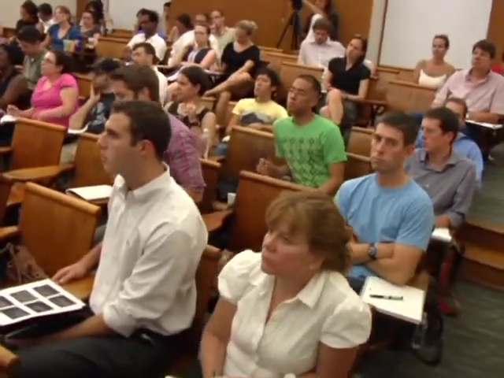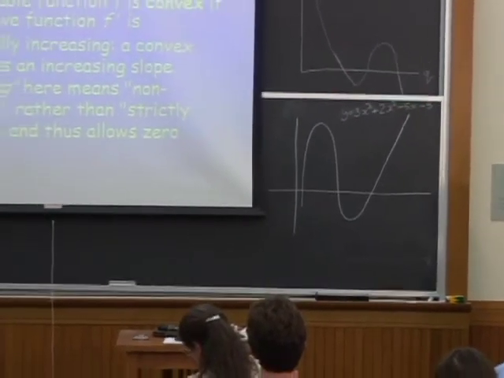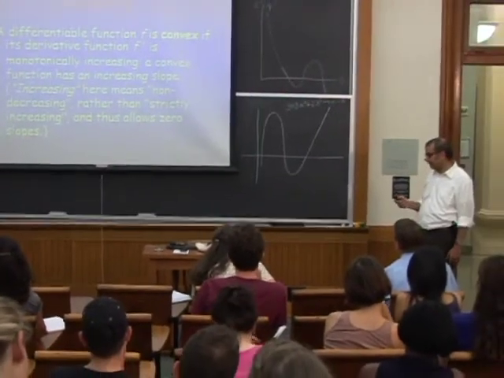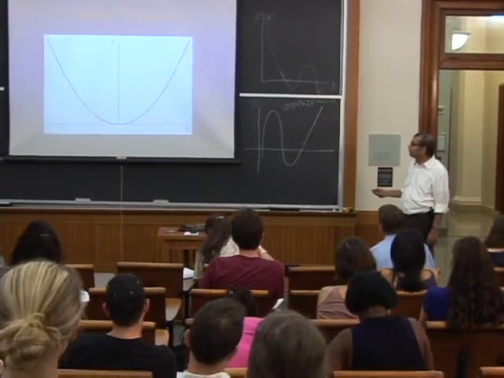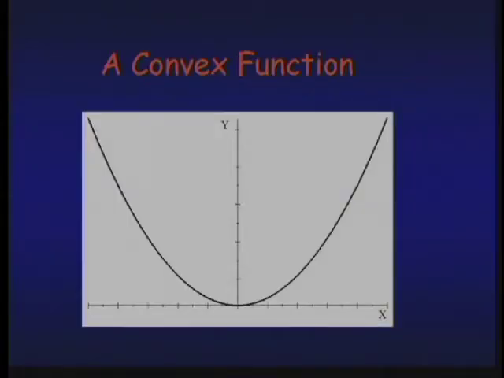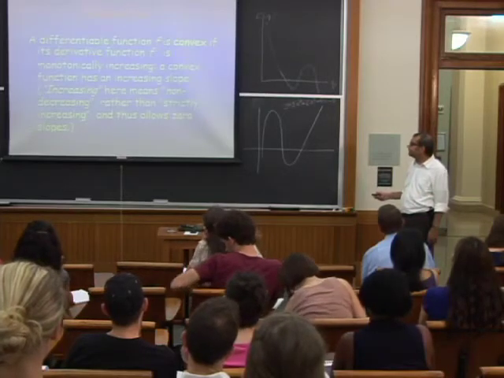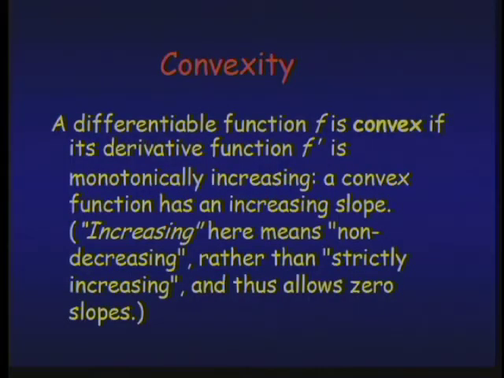In my definition of convexity and concavity, I actually didn't use the full-blown mathematical definition, in order to simplify things. In particular, you call a function convex or concave not over its entire domain, but just for an interval. So if it is monotonically increasing in an interval, then it's convex in that interval.